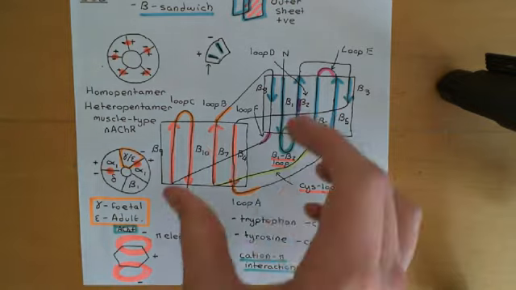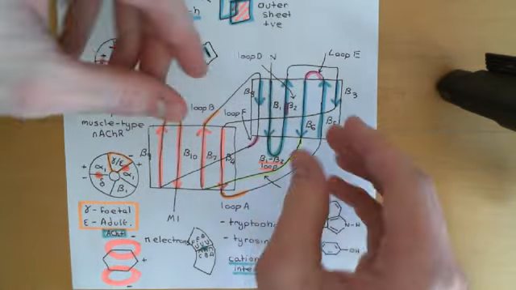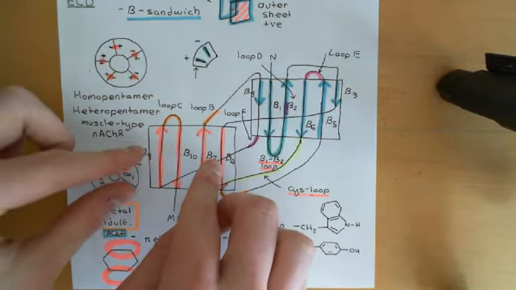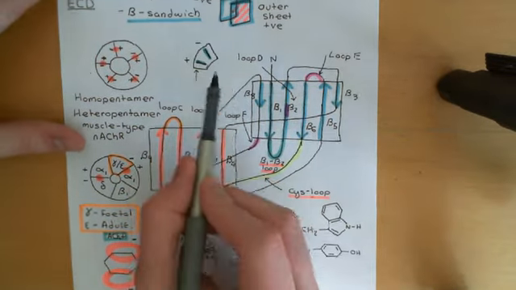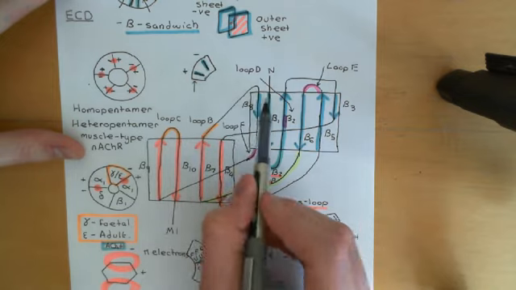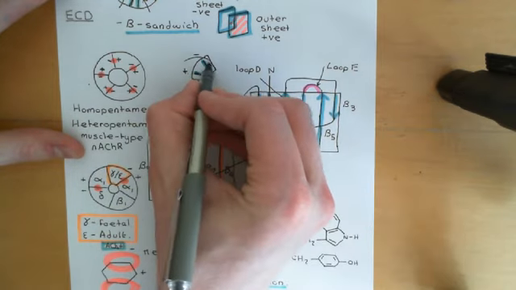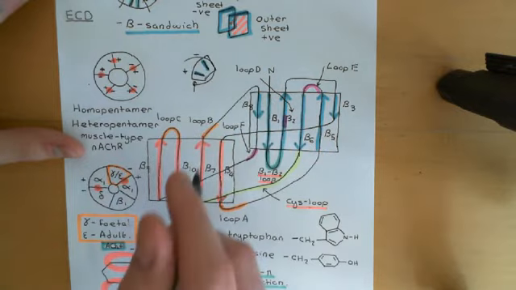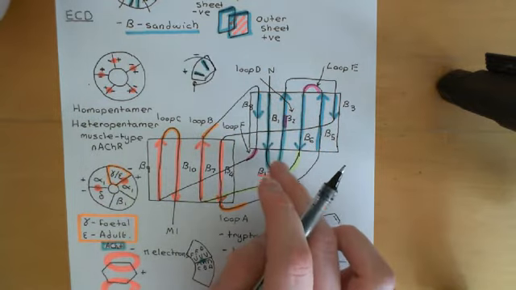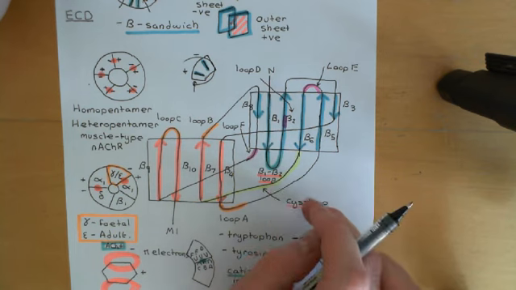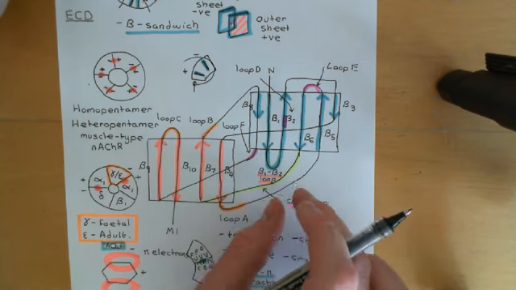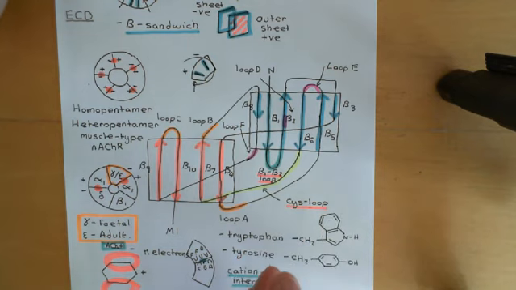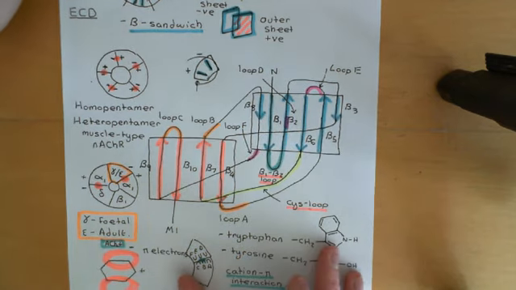Basically, when this rotates in the clockwise direction, it will be rotating round like that, because this is the front when we're viewing from this side here, and this is the back, so it's going to be going round like this. What will then happen is the beta 2 and beta 3 loop and cis loop, which contact the M2 helix, cause the same rotation in the M2 helix of the transmembrane domain.